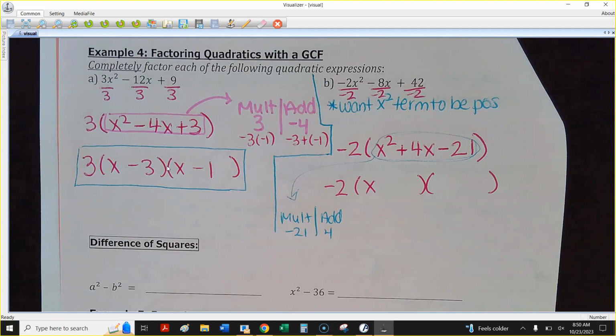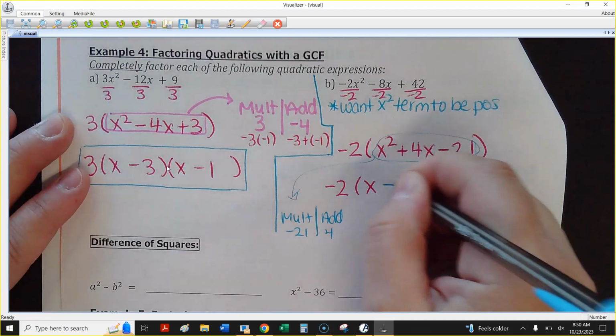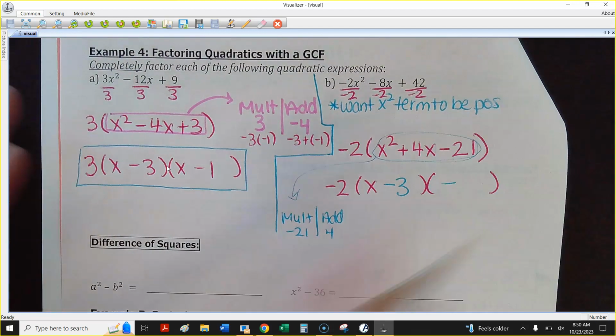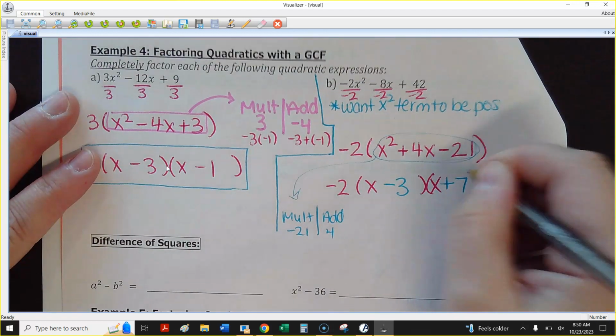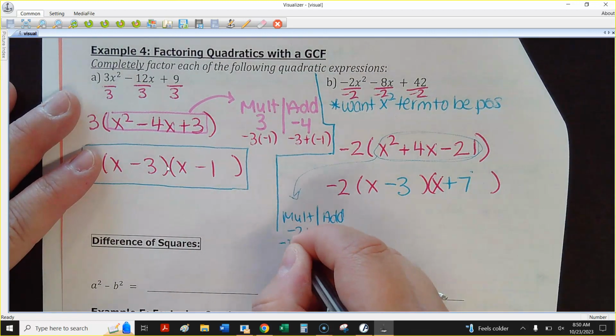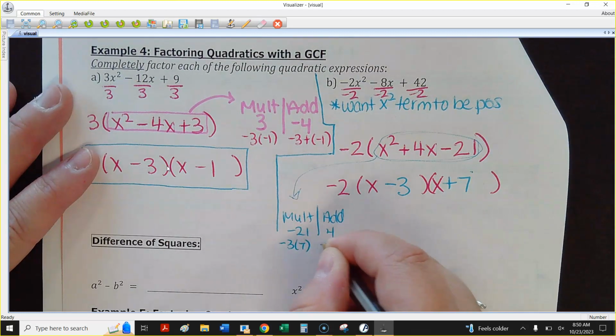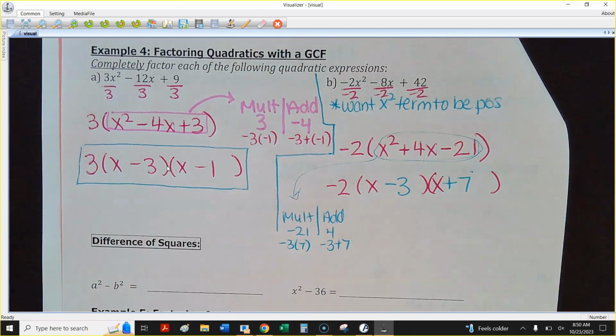Yes, ma'am. All right, so one of these is an x minus 3. Oh, I didn't put the x in this one. Whoops. One of them's an x plus 7. So if I do negative 3 times 7, that's negative 21. Negative 3 plus 7 is 4. There's only one combination of those two numbers that'll work for both. Does anybody have a question?